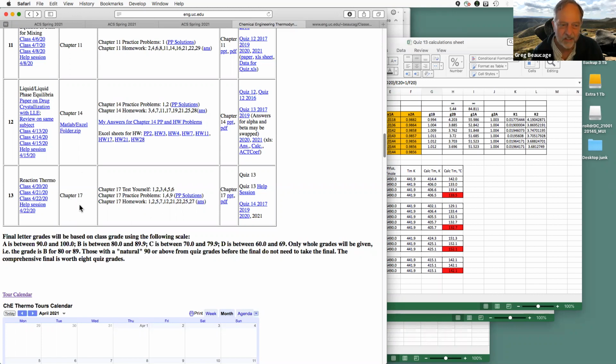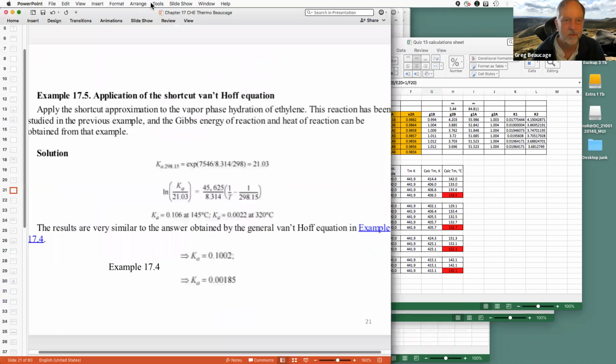So chapter 17 is equilibrium for reactions. In chapter 3 we already did some of the basic reaction stuff, at the end of chapter 3.